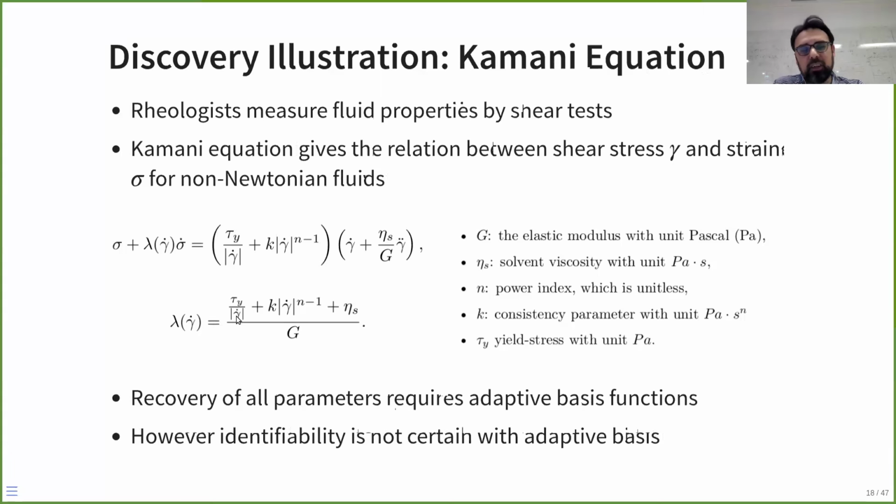This means that you can't represent this with fixed basis functions. If you want to recover all parameters, then you need adaptive basis functions. So methods like SINDy cannot be used to recover all of the parameters.